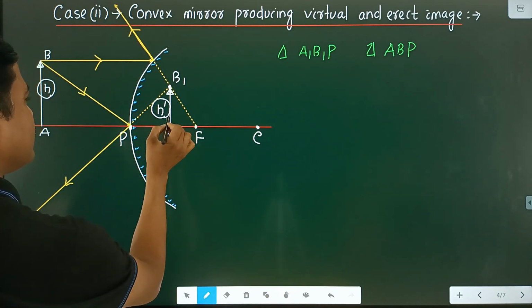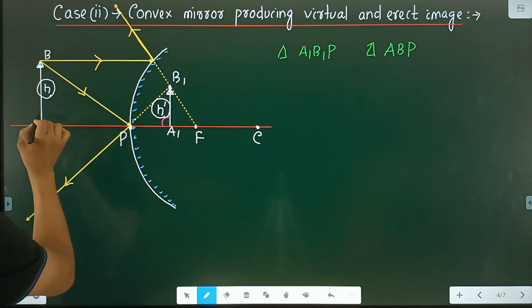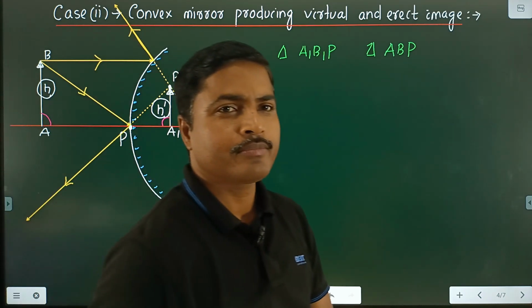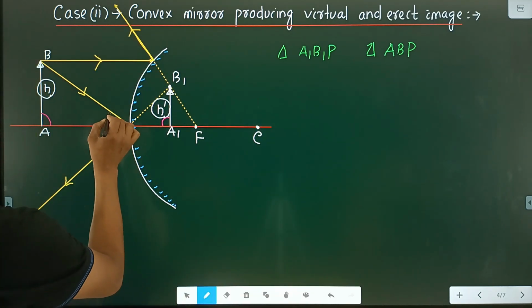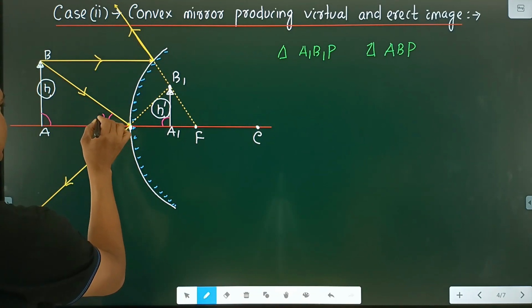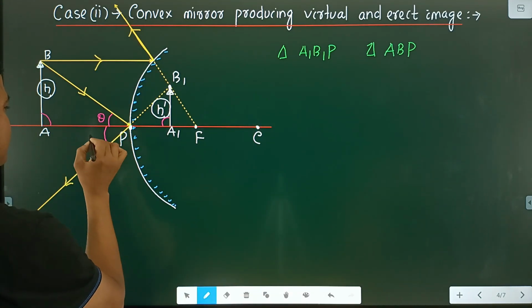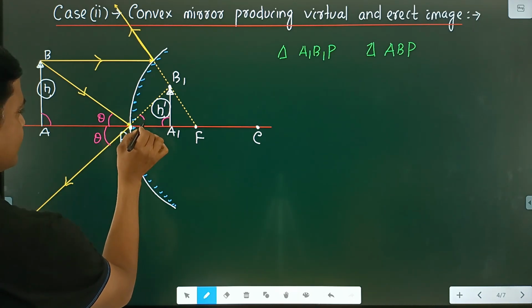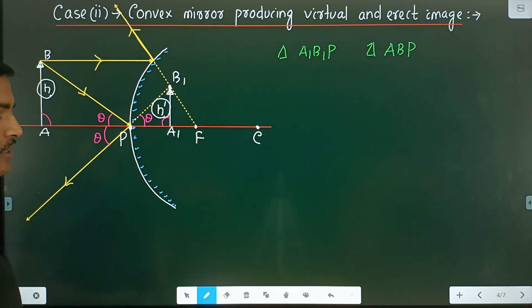This angle of the first triangle is 90 degrees. This angle of the second triangle is also 90 degrees. Both are the same. Similarly, if this is the angle of incidence, suppose theta, this one is the angle of reflection, that is also theta. Both are the same. Clear?